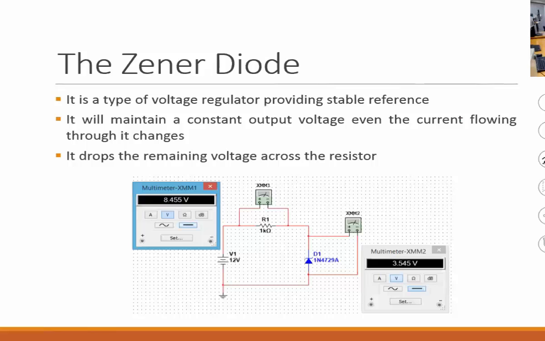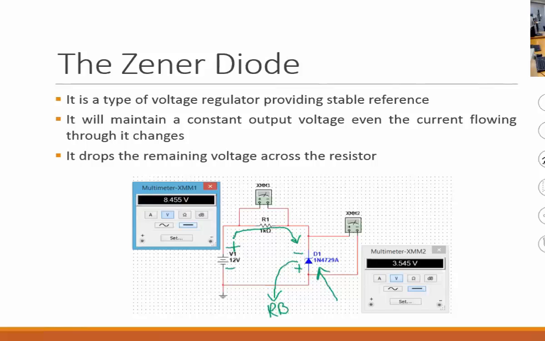Take a look at this circuit on Multisim. I have a Zener diode connected in what type of biasing? You can see that this is the positive side of the source, and these are the Zener polarities, correct? So definitely this Zener is under reverse bias because you have the positive wire going to the negative side.